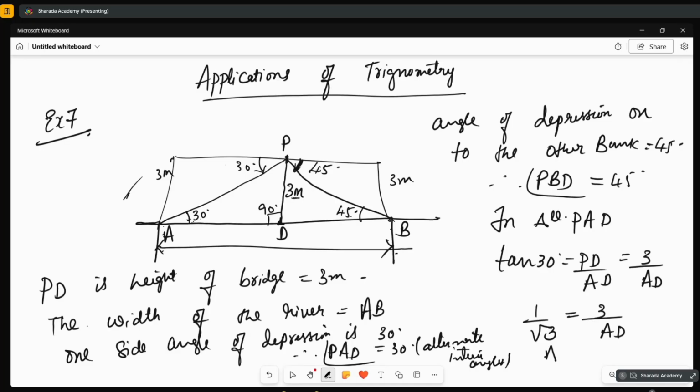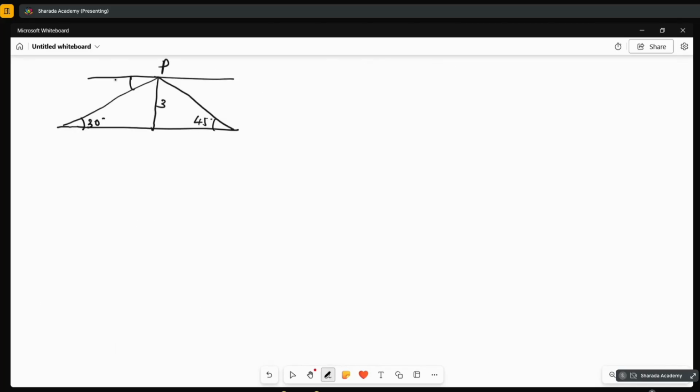Or AD is equal to 3 root 3. Because 3 is root 3 into root 3, one root I can cancel. Write down like this. Understood, no? Now what we wrote?